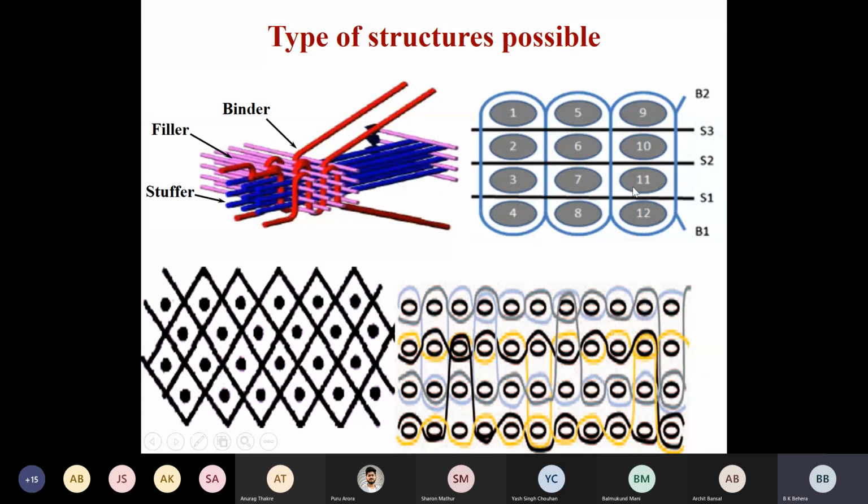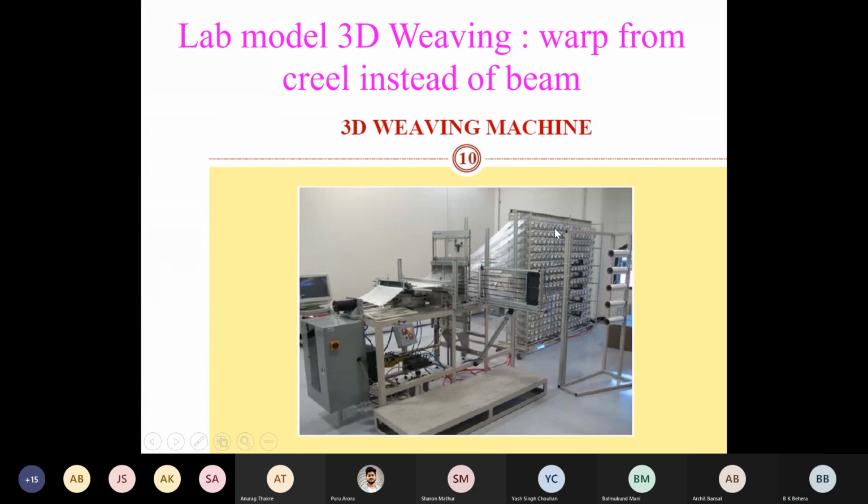What you see here going from this is binder warp, and these S1, S2, S3, depending on how many layers we have, are stuffer warp, and these dots inside are weft yarn. And all the 3 yarns are 90 degrees to each other. That's why it's called orthogonal structure.